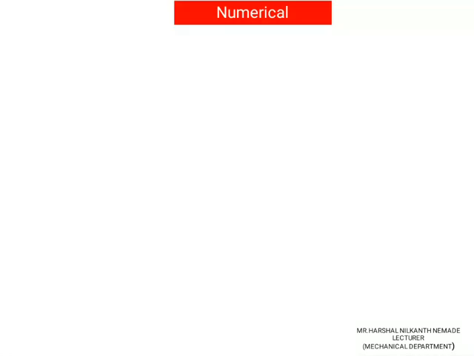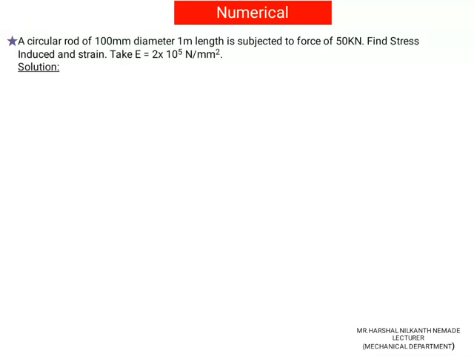Numerical. Now we will solve some numericals. So let's start. A circular rod of 100 mm diameter, 1 meter length is subjected to a force of 50 kN. Find the stress induced and strain. Take E equal to 2 multiplied by 10 to the 5 Newton per mm square.